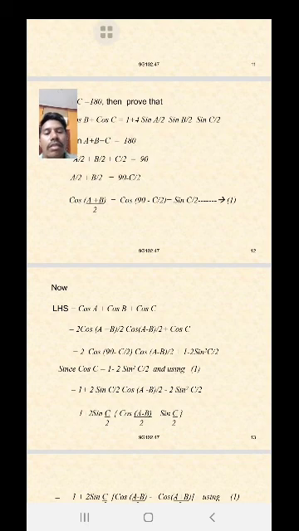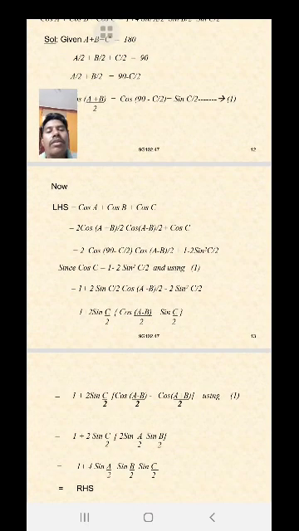Now take LHS and use the formula of cos C plus cos D. Then in place of cos of A plus B by 2 we can write sin C by 2, and cos C we can write 1 minus 2 sin square C by 2, because it is only cos C. If it were cos 2C we could write only sin square C. It is only C, so here we should write C by 2.